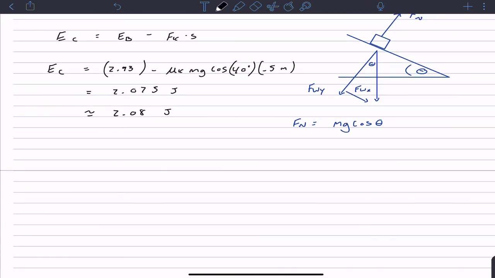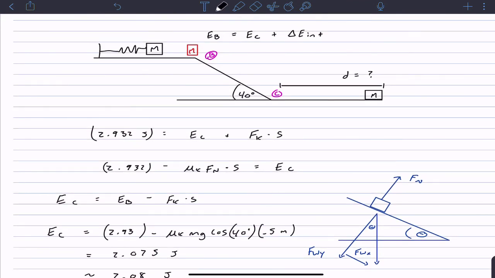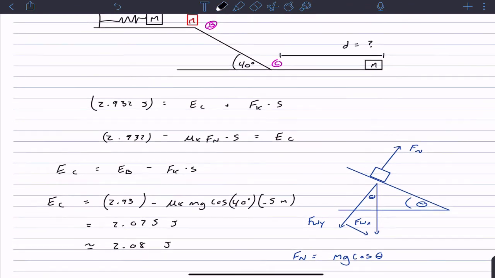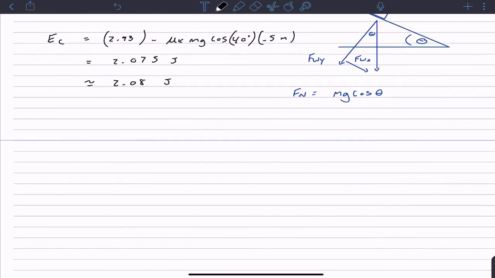Okay, so next we still want to find how far it is going, so we want to find D. We want to find this value here, D. That's what we want. So we know what C is. We can use the same thing that we did last time, where we just set the value of C equal to the final energy, right? So now we have EC is equal to ED.